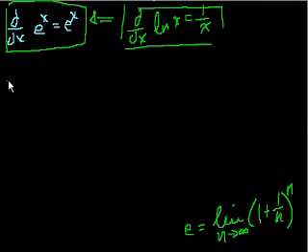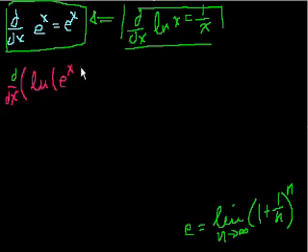Let me keep switching colors to keep it interesting. Let's take the derivative of ln of e to the x. Well, this is almost trivial. The logarithm of a to the b is equal to b times the logarithm of a.